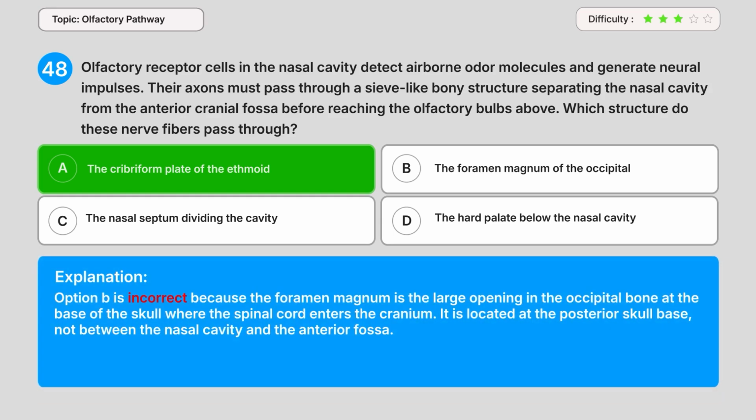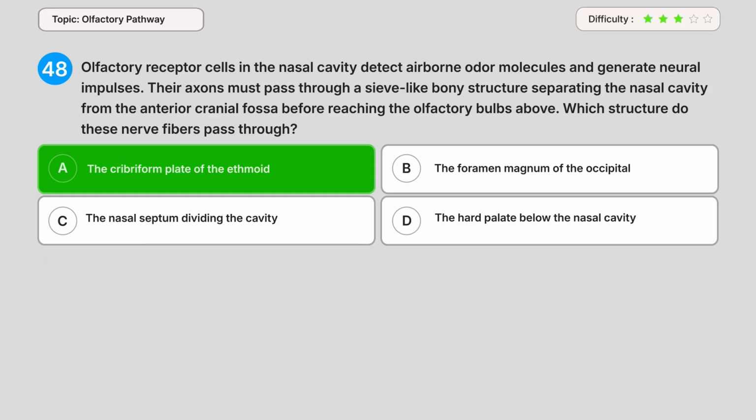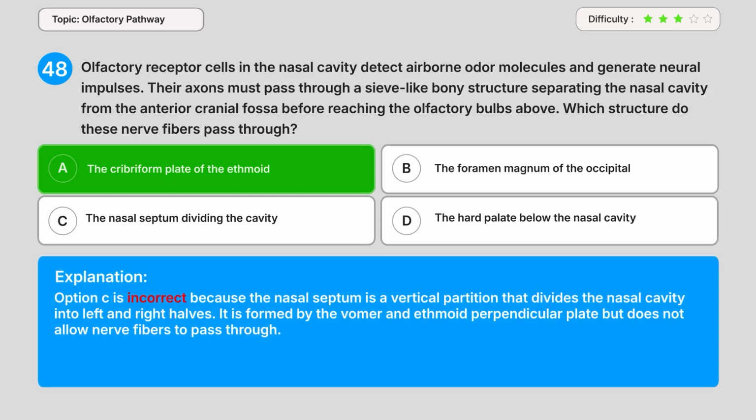Option B is incorrect because the foramen magnum is the large opening in the occipital bone at the base of the skull where the spinal cord enters the cranium. It is located at the posterior skull base, not between the nasal cavity and the anterior fossa. Option C is incorrect because the nasal septum is a vertical partition that divides the nasal cavity into left and right halves.